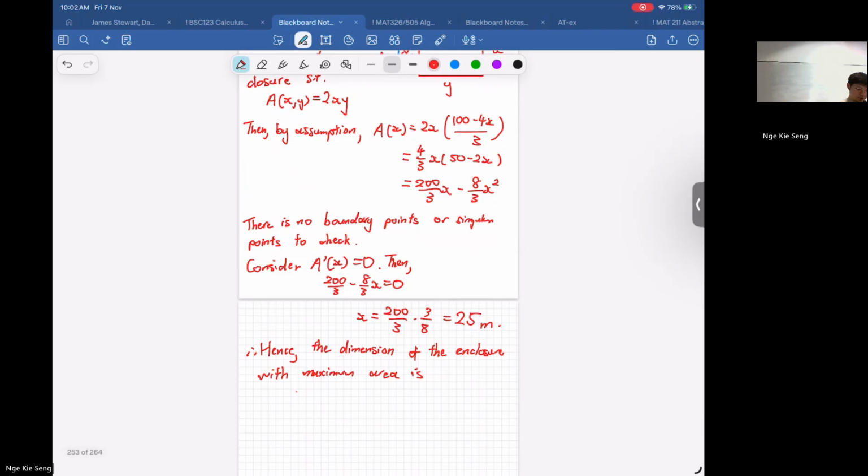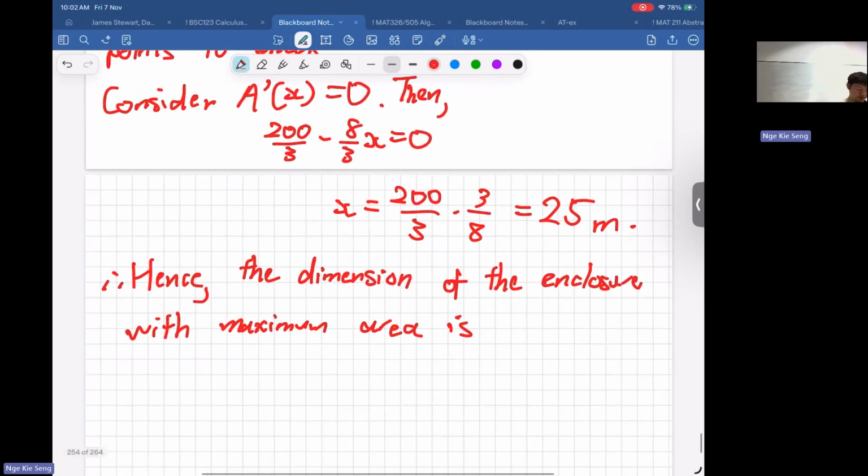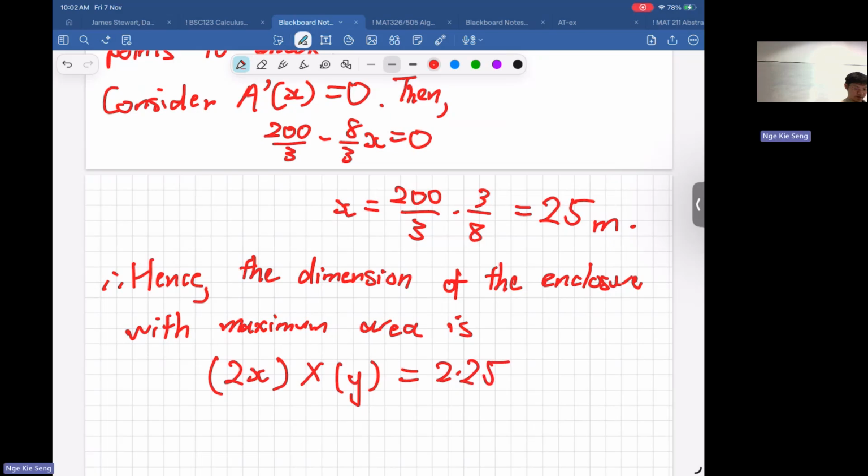The formula is x times y, which is 2 times 25 times y.